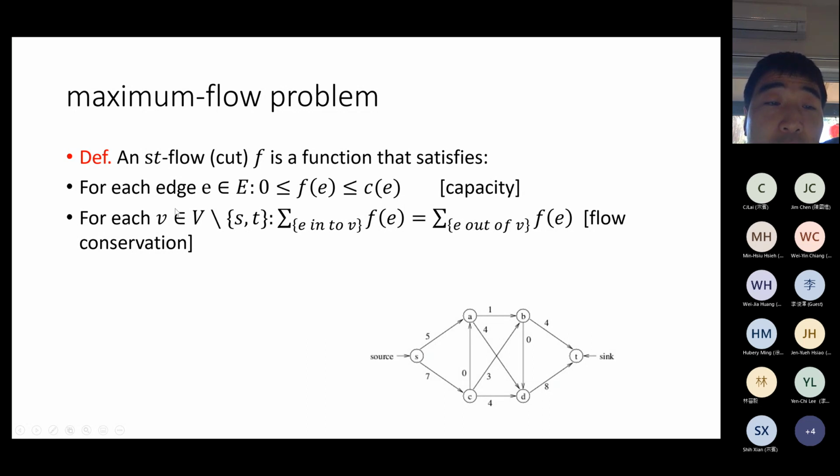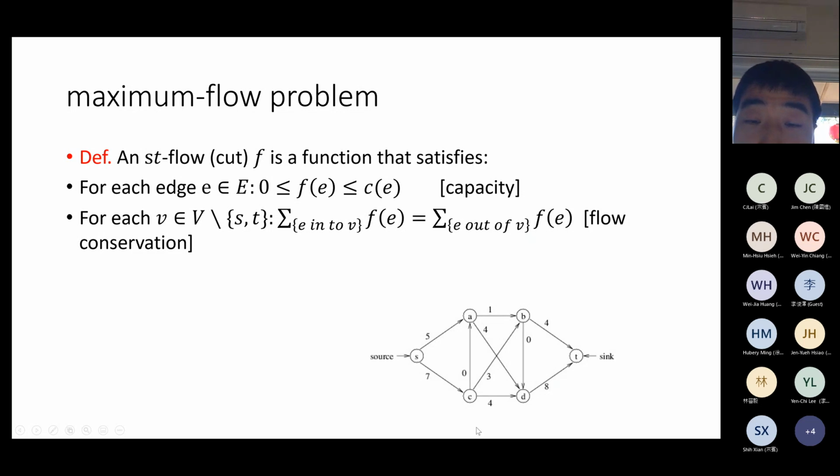And for each vertex which is neither the source nor the sink, the summation of f(E) such that E goes into V equals the summation of f(E) such that E goes out of V. In other words, for any vertex that is neither the source nor the sink, anything flowing in must also flow out. This is called the flow conservation condition.